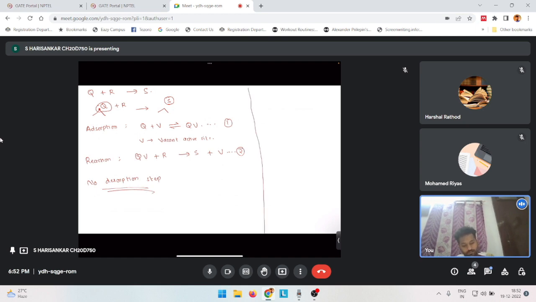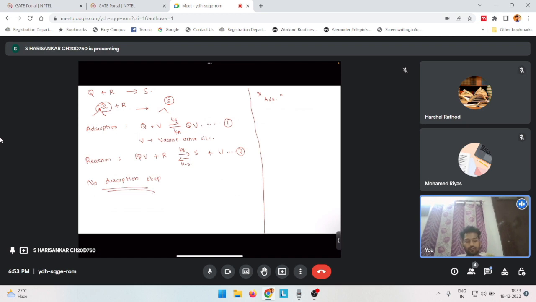Let's take Ka and K minus A as the rate constants for the adsorption step, and Kb and K minus B for the reaction.